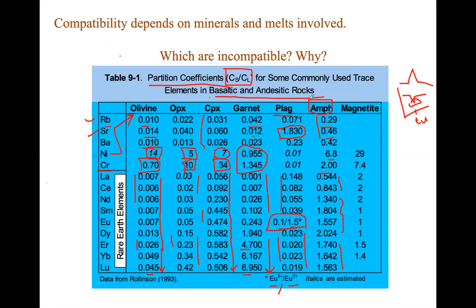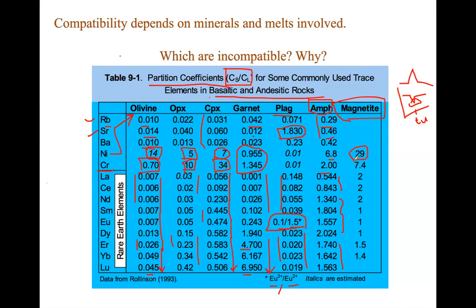If you have an amphibole rich rock, you can expect high concentrations of all the trace elements in that rock. Okay, right. So we have an opaque phase, also magnetite, which is not very important for us anyway, but just for comparison, you can see with olivine, it's 29 for nickel, right?